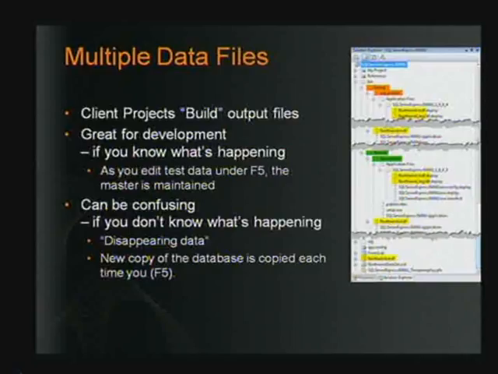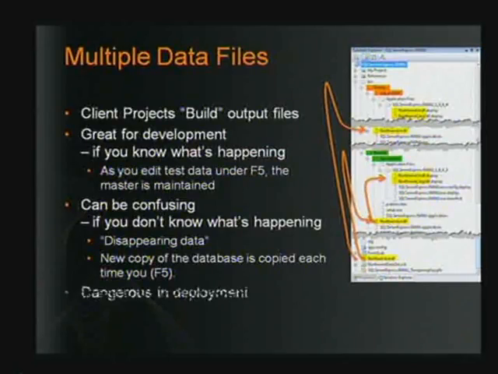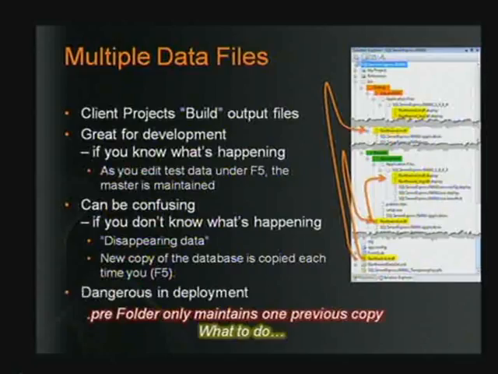Now, here's an example. You build, and the Northwind MDF file there at the bottom gets copied to the debug directory. I do a release build. It gets copied to the release directory. I do a ClickOnce publish. It's going to copy it again over here. So these files can start to get very complicated in where they go. It gets even worse in deployment.